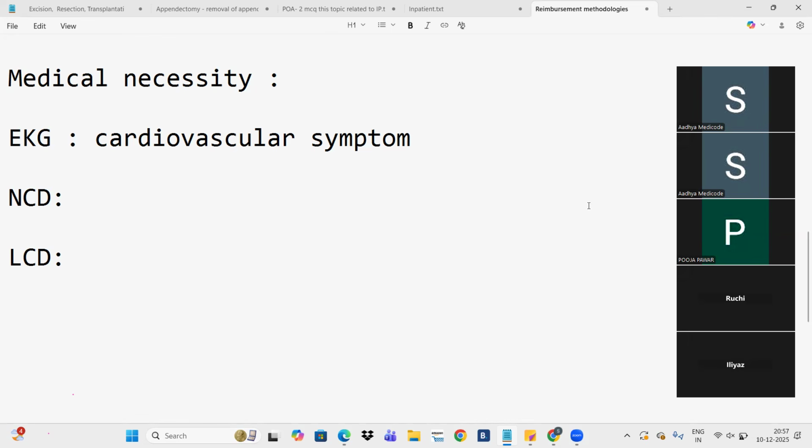See, for each procedure, they provided the list of diagnoses. What are the diagnoses covered for the particular procedure? They gave the list of diagnoses for each procedure. So for any procedure you performed, if you added any one from the list of diagnoses, no problem.